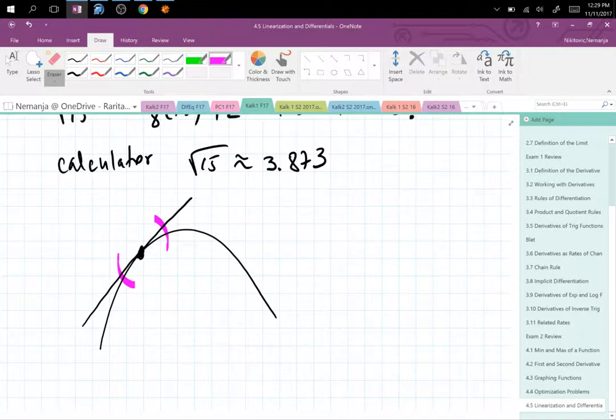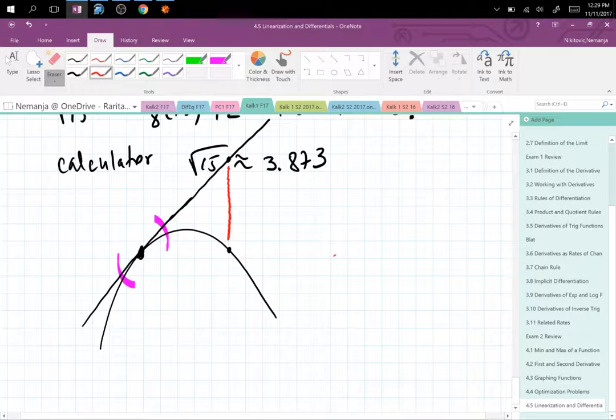Just imagine how terrible of a difference you have here. Look at the distance between, all of this distance is error. In my case, 1, 2, 3, 4, 5 squares.